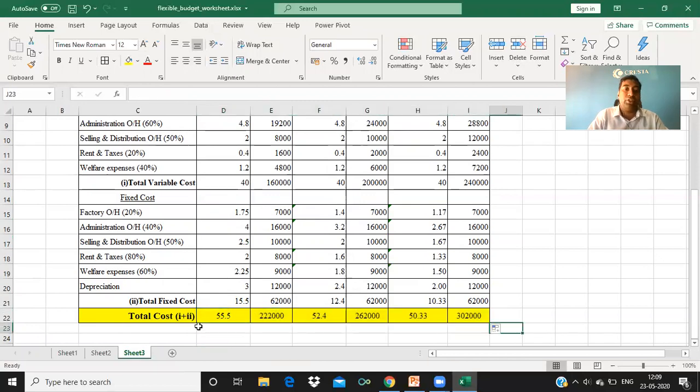The interpretation of the total cost is: for producing 4,000 units, the company will incur 55.5 rupees per unit and a total cost of 2,22,000. For producing 5,000 units, the company will incur 52.4 rupees per unit and 2,62,000 as a total cost. And for producing 6,000 units, the company will incur 50 rupees 33 paisa per unit and the total cost incurred will be 3,02,000.